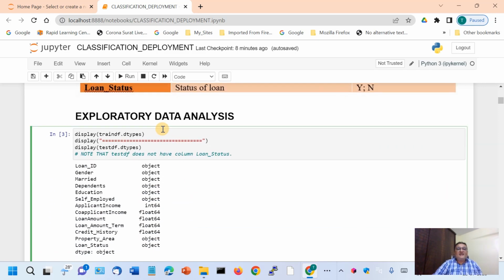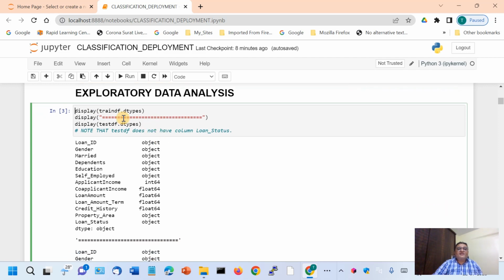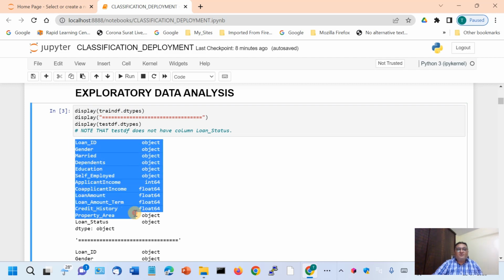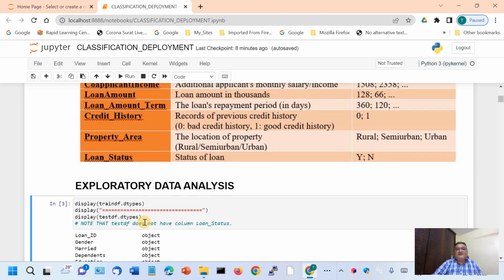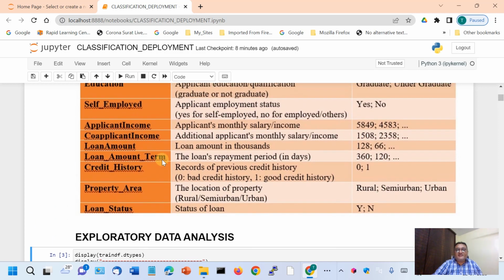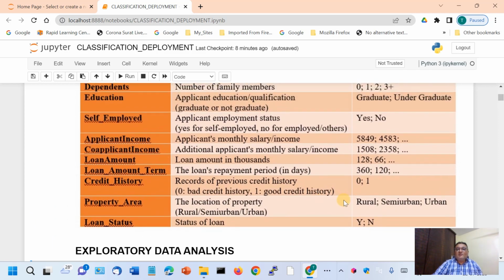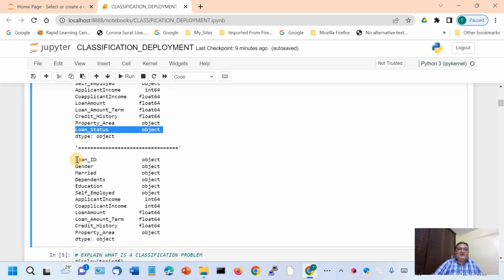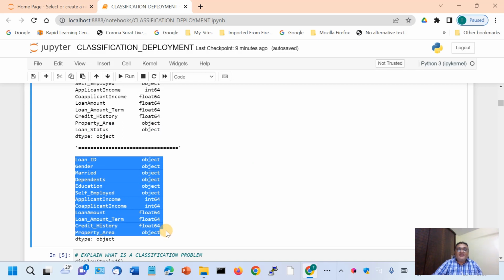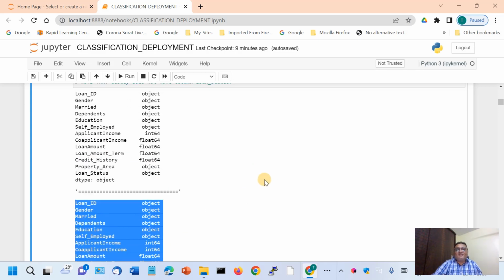Now let us take an example. This is train DF. Let us see what the column names are. Column names are what we have already seen, but in the train data set, the loan status will be there because you have to first train a model in which loan status is also known, say on maybe 70% of the observations. Then in the test data set, all the features will be given and you will be asked to predict the loan status.